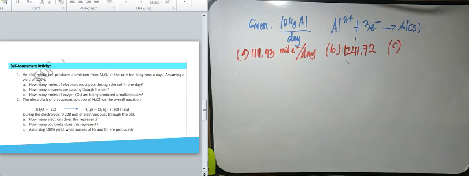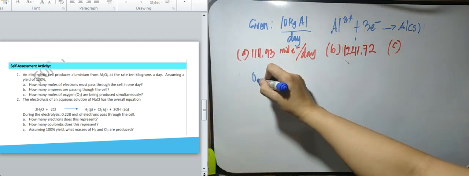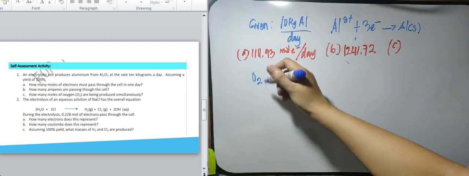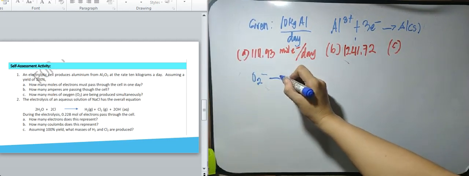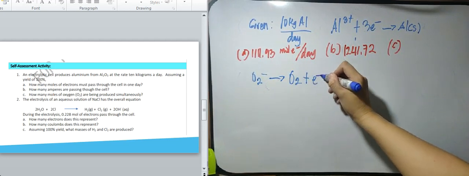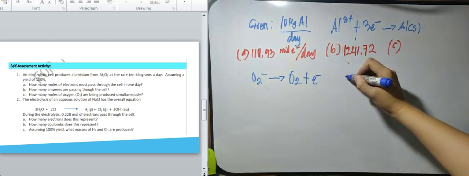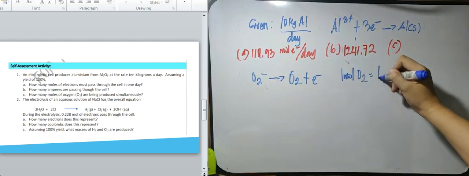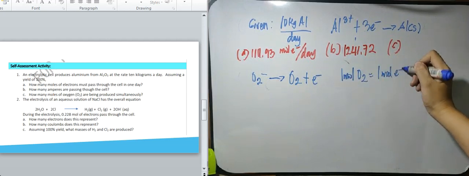So for letter C, how many moles of oxygen are being produced simultaneously? So we have your other half reaction, which is O2 negative yields O2 plus e. So we can deduce that in 1 mole of O2, we have 1 mole electron.